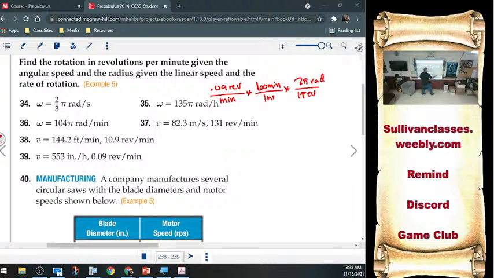10.8. So if I know that 10.8 pi radians happens in a minute, but 553 inches also happens in a minute, 1 radian is 1 radius.